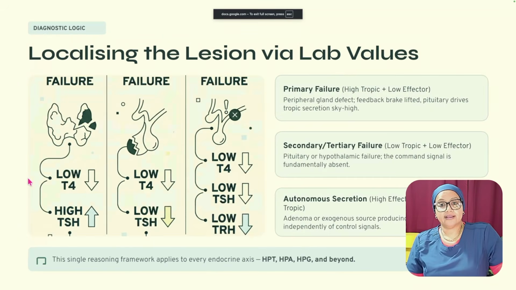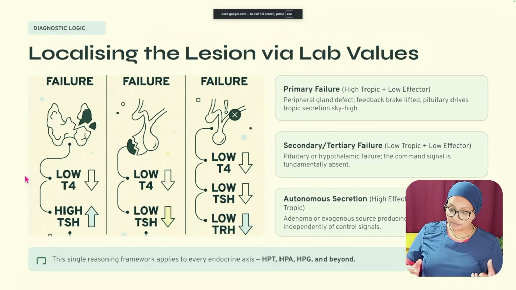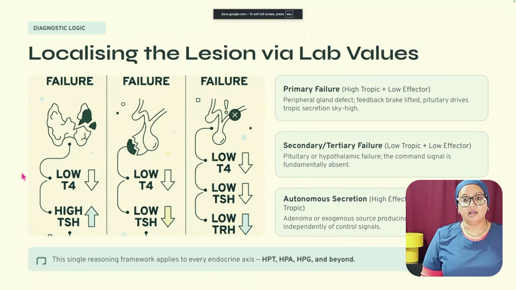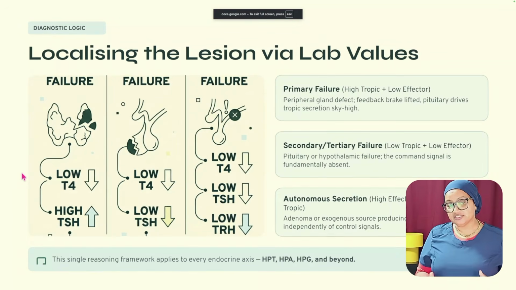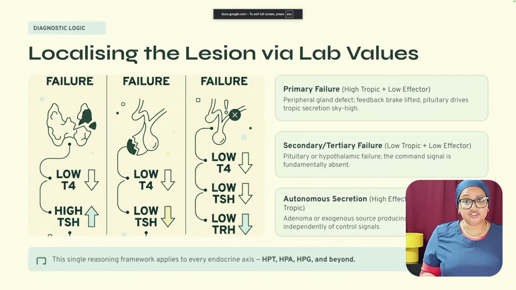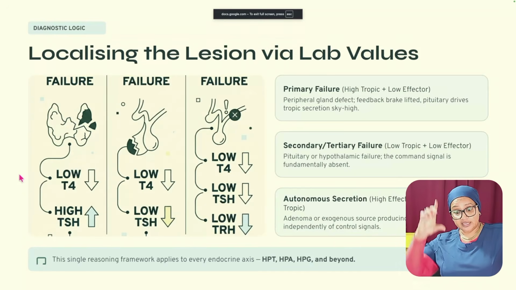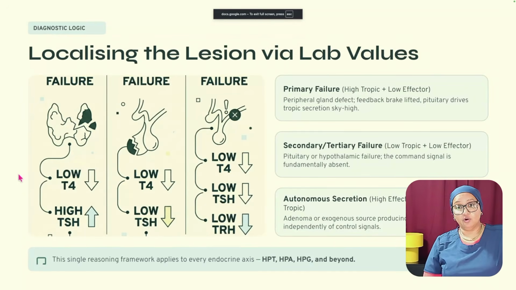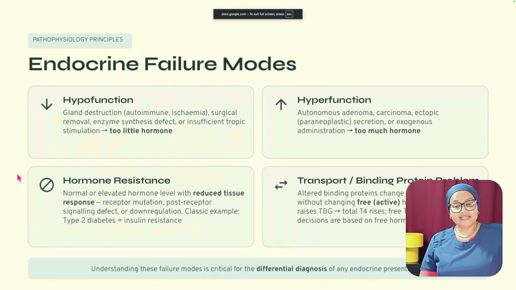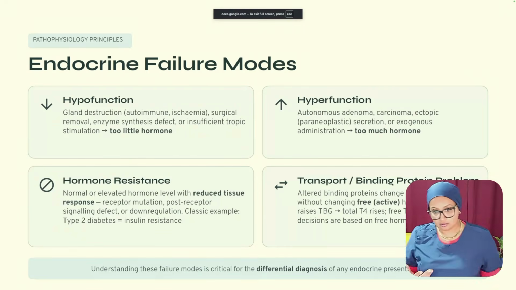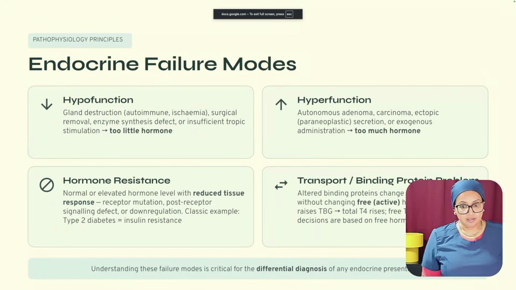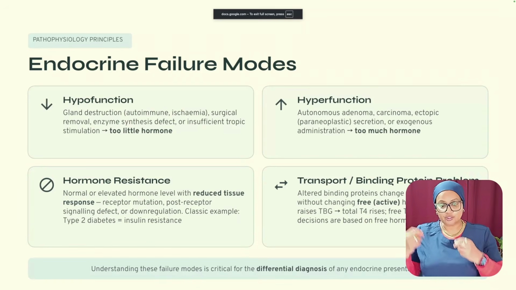Now, as I mentioned, you can divide these pathological processes into primary, secondary, or tertiary, depending on which level in the hierarchy is involved. Now, what can go wrong with the endocrine system? We call it endocrine failure modes.